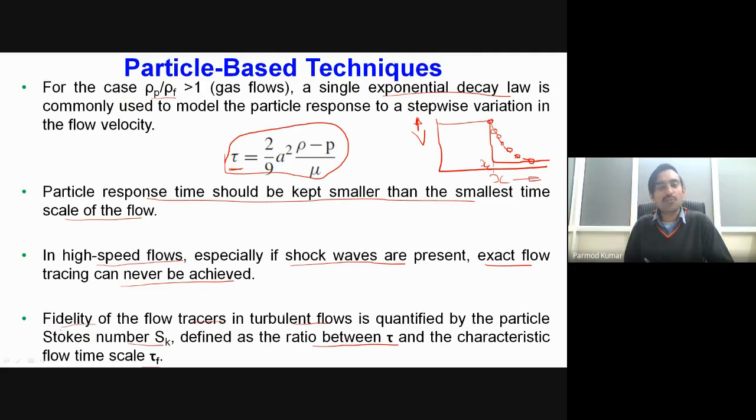So this ratio is known as Stokes number, and if the value of this Stokes number is less than 1, under such situations we can actually employ our particle-based techniques.